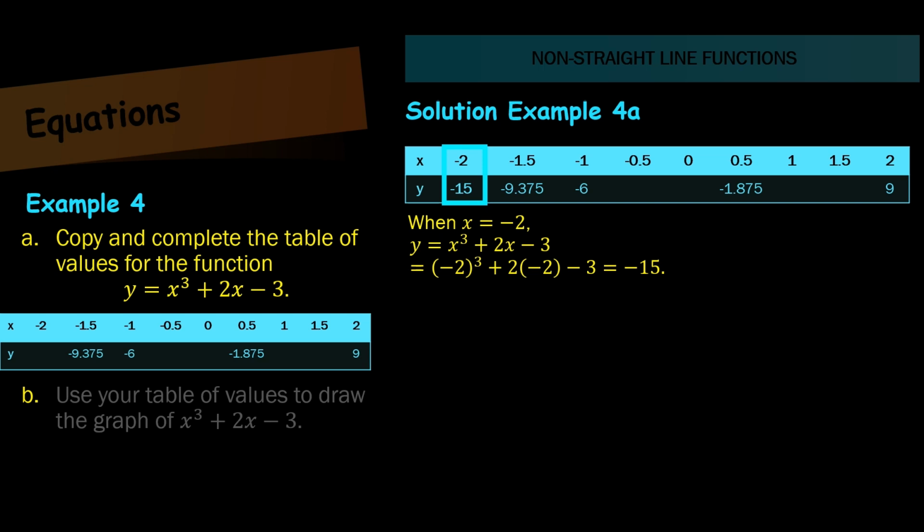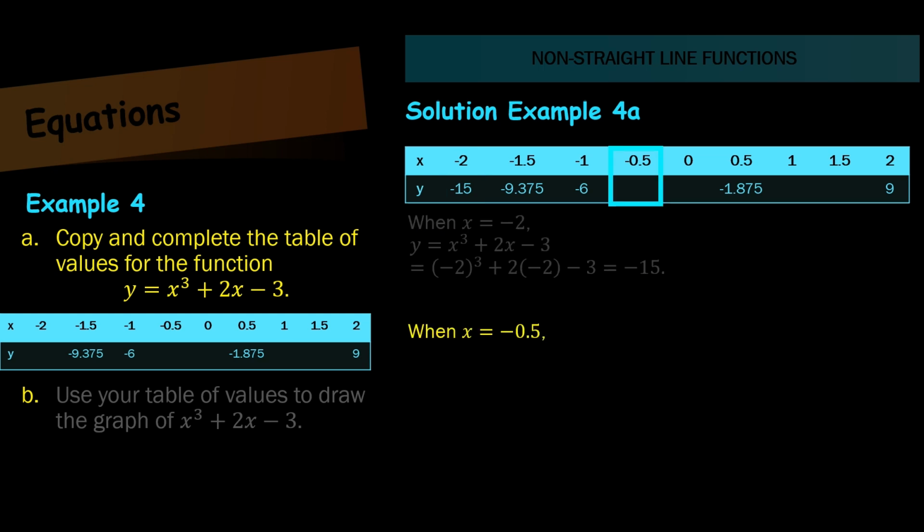And then we plug this into our table. Similarly, when x equals -0.5, we plug in x equals -0.5 into our equation, as shown, to give y equals -4.125.